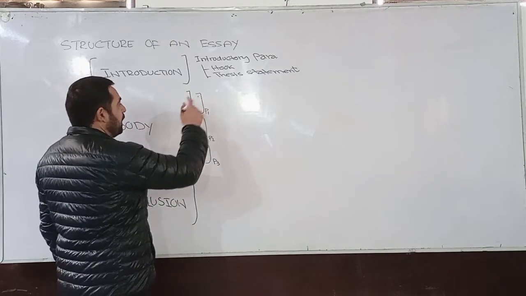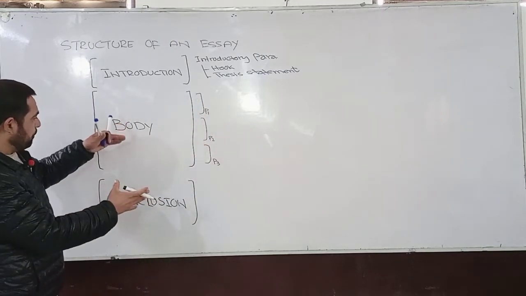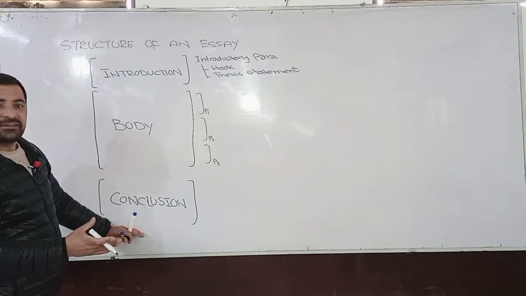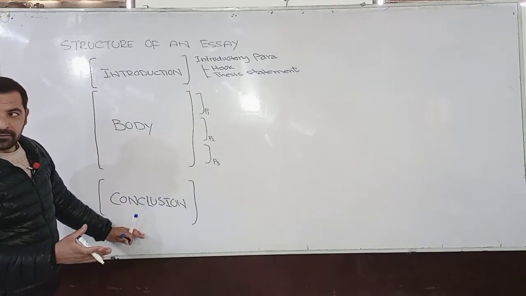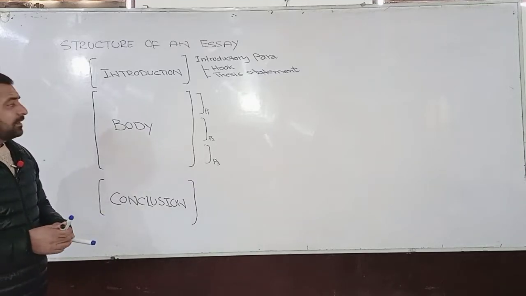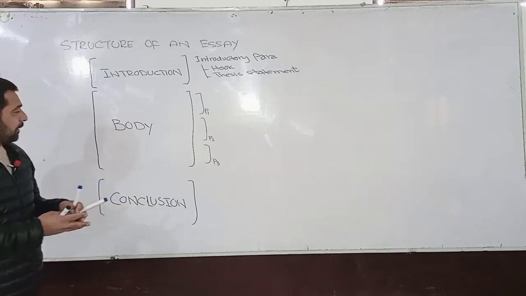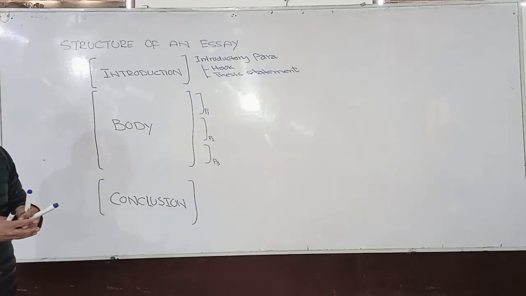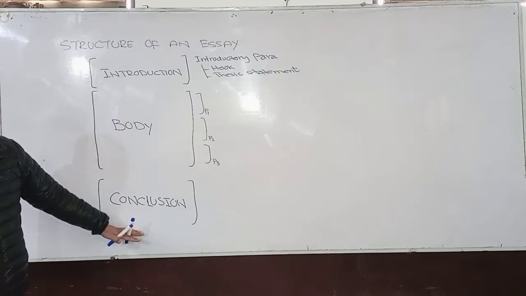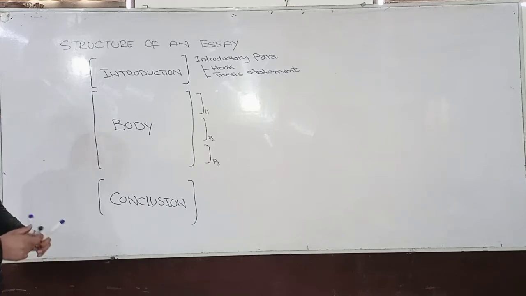All right. Now, we see the body is bigger than the intro and the conclusion. You have to tell yourself that when you are writing an essay, the body of the essay should be larger, bigger than the intro and the conclusion. All right? Why? We're going to talk about it.